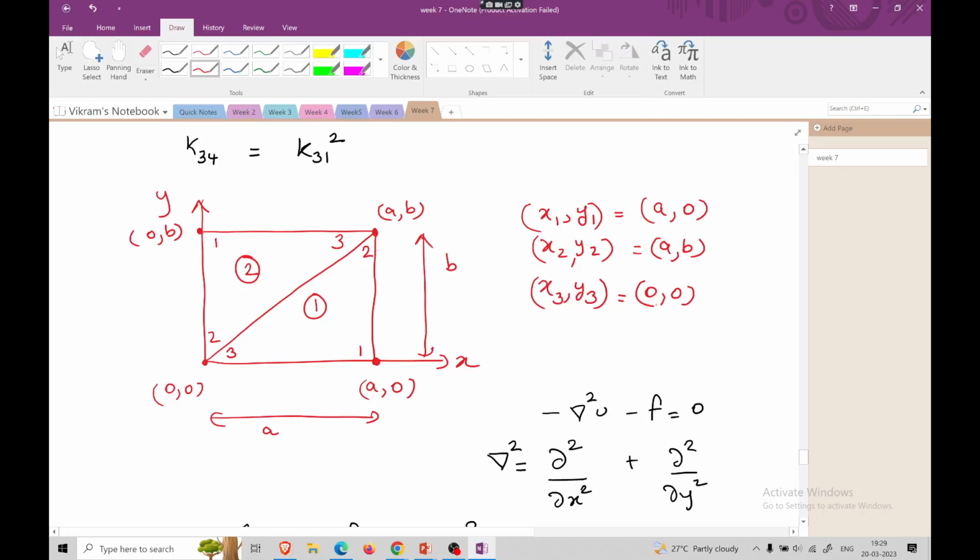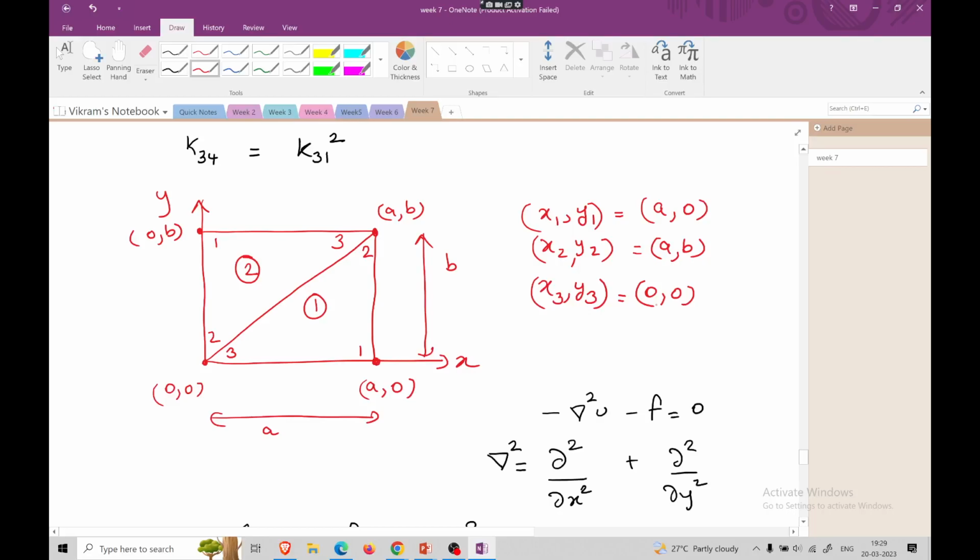What is beta 1? Can anybody say? We have seen in the previous examples also, right? What is beta 1? So we have a triangle like this, right? This was our 1, this was our 2, this was our 3. y2 minus y3. Yes.